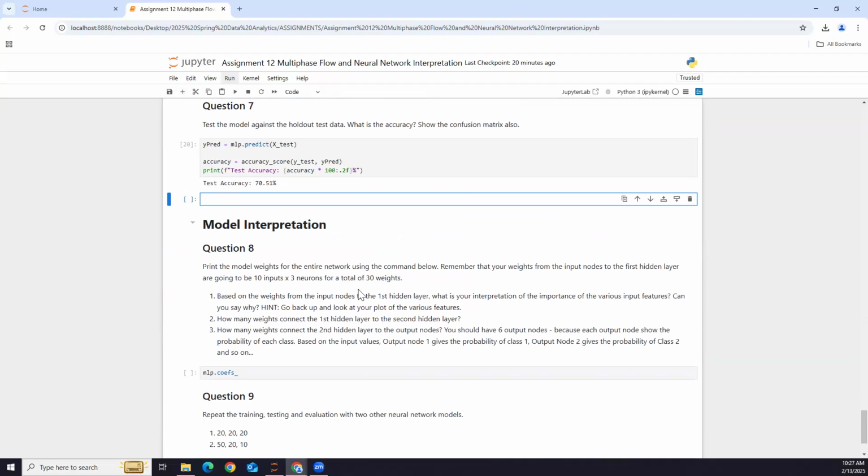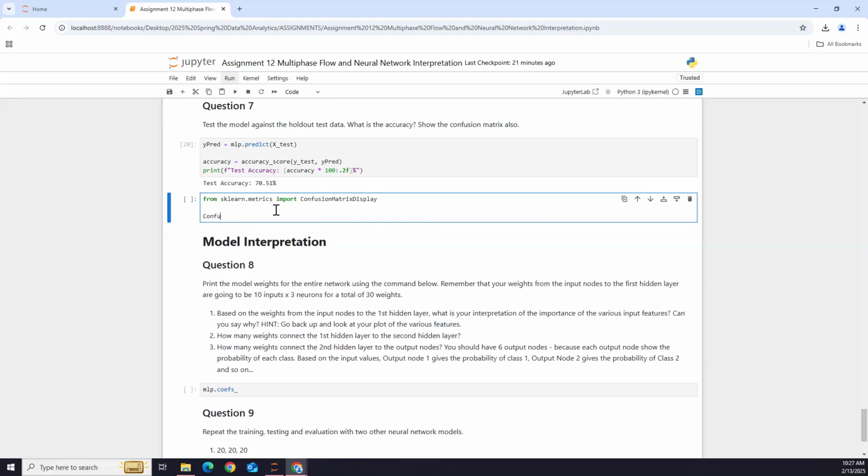So what I'm going to do is say from sklearn metrics, I'm going to import my confusion matrix display. And I'm going to display my confusion matrix based on the predictions.